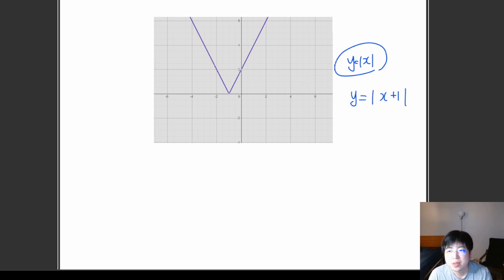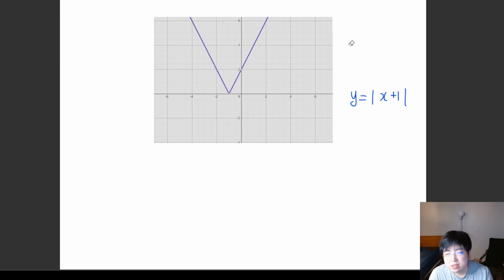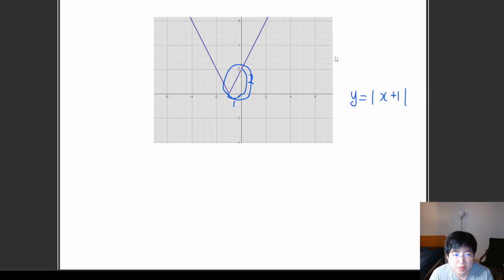But the second thing we need to care about is the slope. Generally when you have absolute value of x, the positive portion's slope is 1, right? But if you look here, from -1 to 0, when x increased by 1, y increased from 0 to 2. So y increased by 2, and for this portion the slope is 2.